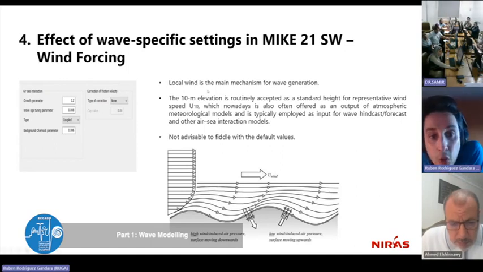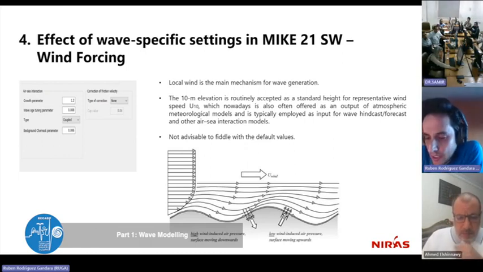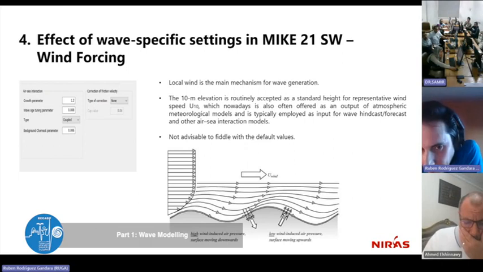And the wind has to be the 10-meter elevation wind from the reference level, which is the mean sea level. That's the information that all the formulas in all the wave growth and wave transformation models are embedded with. They make use of wind that is specific to 10 meters above the mean sea level.